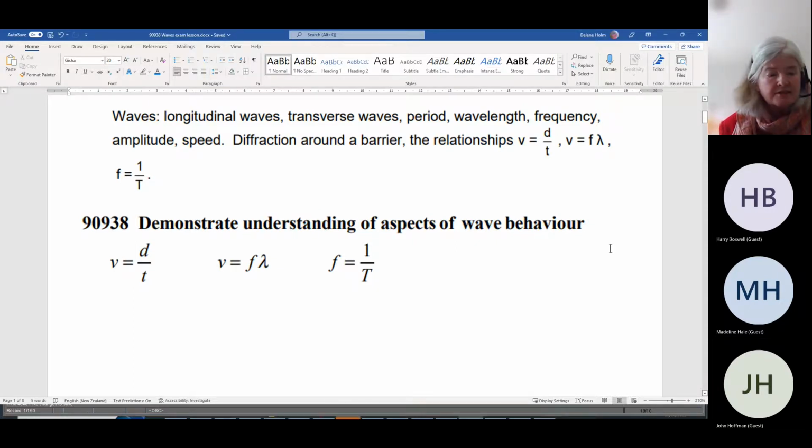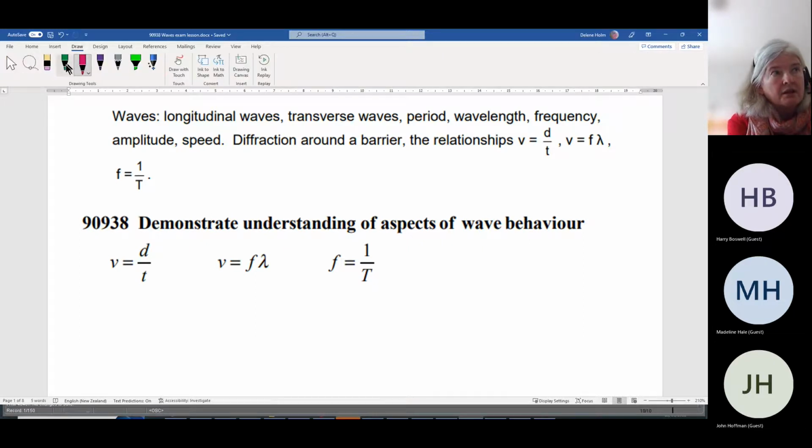But just as my first tip, make sure you know what these mean, and also what the units are. So hopefully you know V, that actually stands for velocity. So if you're wondering why it's V, it's velocity. But at level 1, we just talk about speed. And that is measured in meters per second.